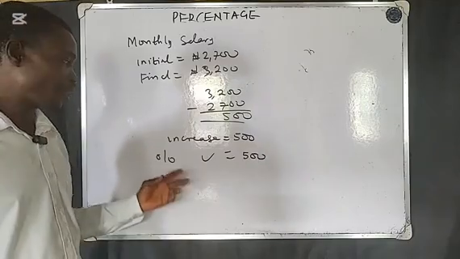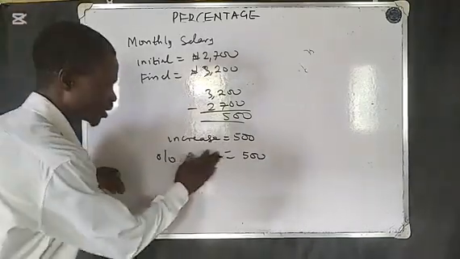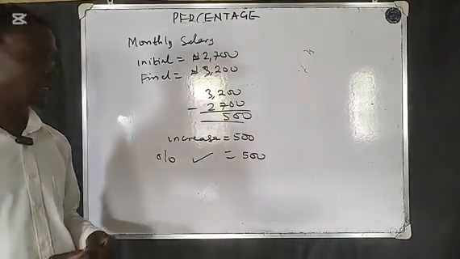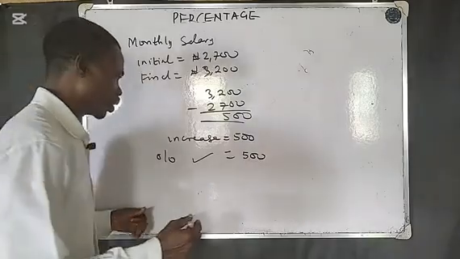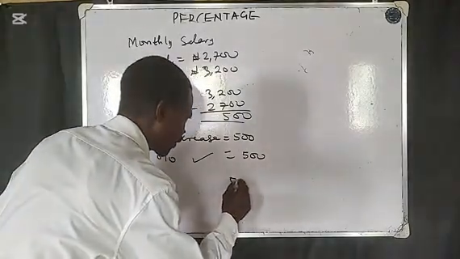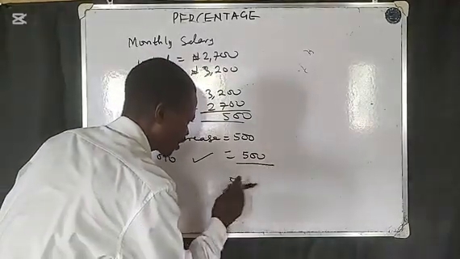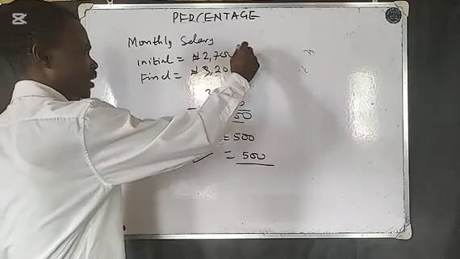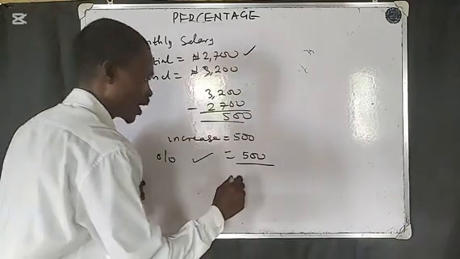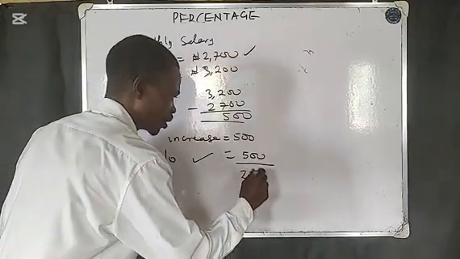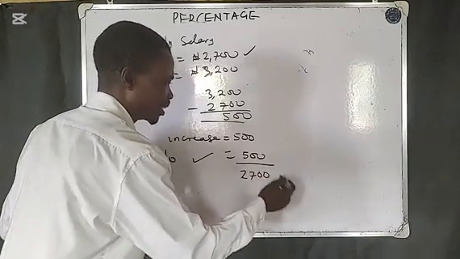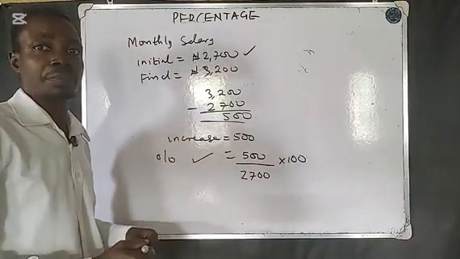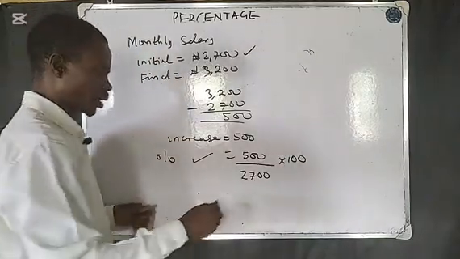Now to find the percentage increase, all you do is say the increase, which I have written here, over the initial amount, which is 2,700. Then percentage means multiply by 100.